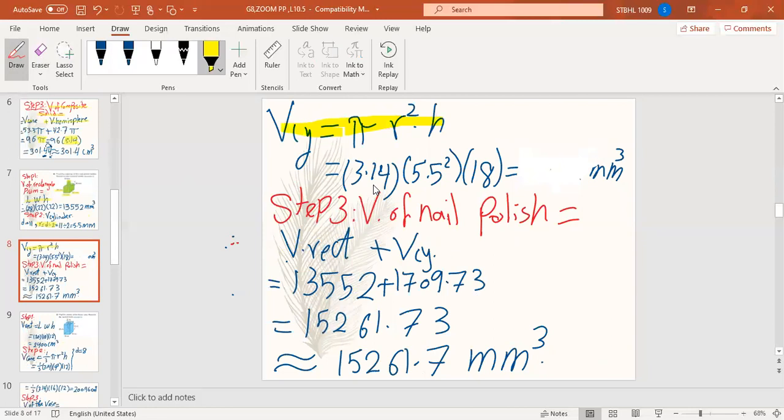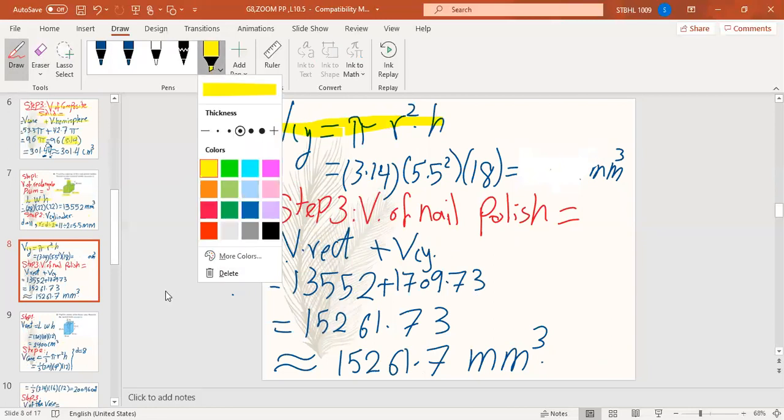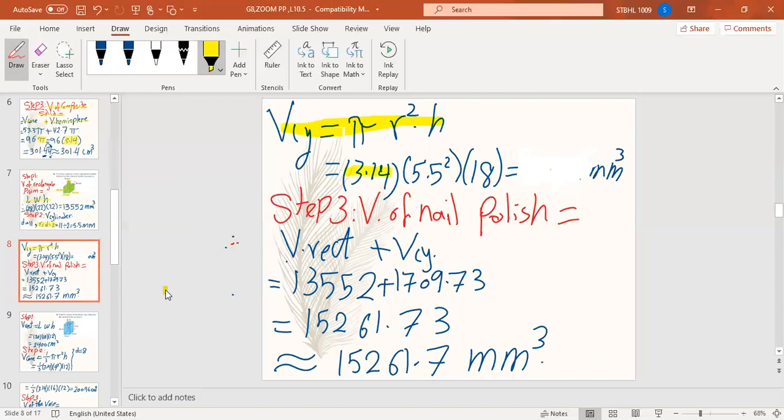We will substitute pi equal 3.14 directly, because there is no other pi in the volume of rectangular prism to add it together. So volume of cylinder equals 3.14 times 5.5 squared times 18, which is 1,709.73 cubic millimeter.